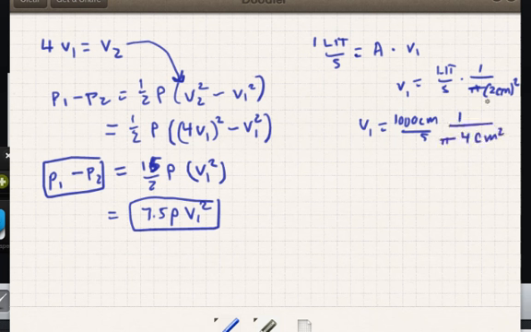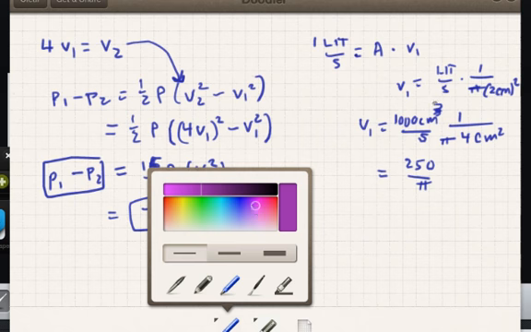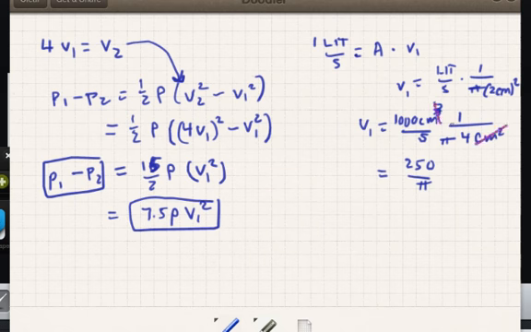I just squared this term right here. So it's equal to about 250 over pi, in units of centimeters per second. 250 over pi, that's about 3.14, so I'm just going to call V1 about equal to 80 centimeters per second.